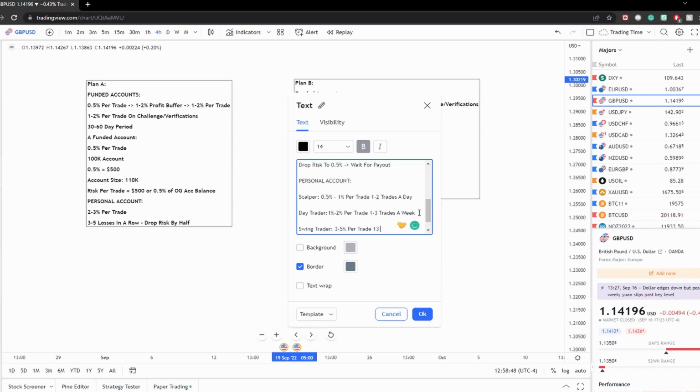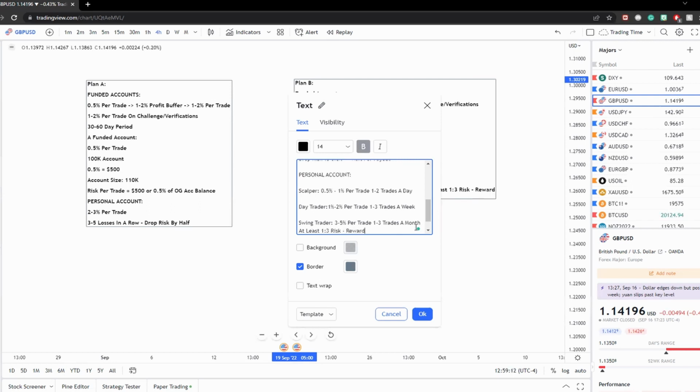Oh, not 13, my bad. 1 to 3 trades a month, and they're looking for at least 3 to 1, so 1 to 3 risk to reward. So that's what swing traders would usually aim for.